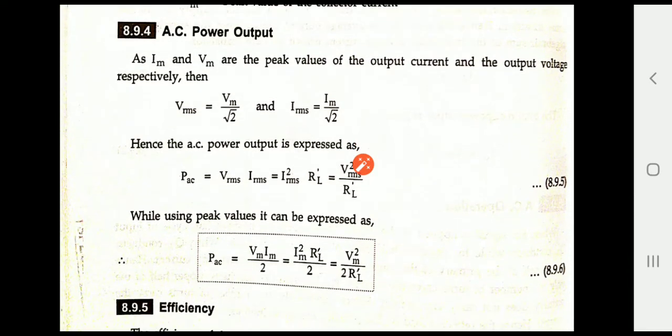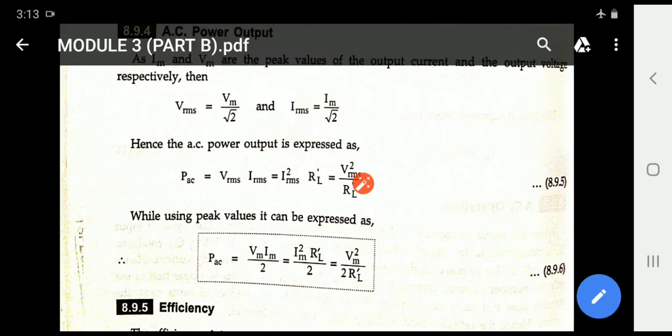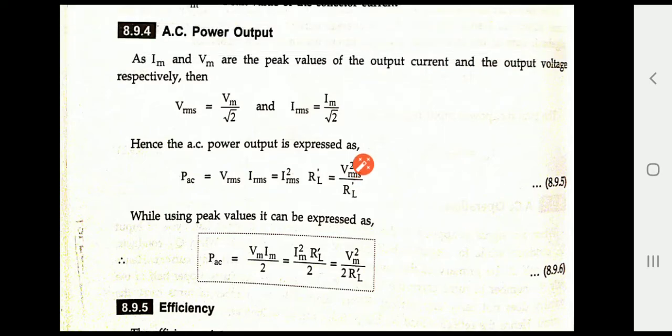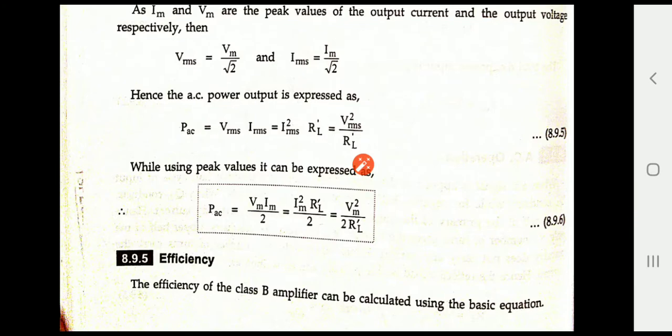Now, using this, we can write the expression for AC power output. First, we know that Vrms is nothing but Vm by root 2, and Irms is nothing but Im by root 2, general formulas from the rectifiers. So PAC in terms of Vrms and Irms is expressed here, and this is in terms of peak values.